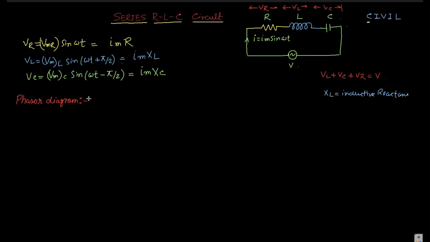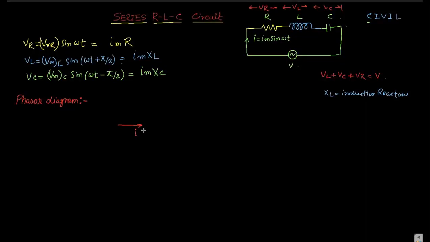There will be two kinds of phasor diagram associated in this case. So I is flowing through this R, L and C, and you can take I as the reference phasor.